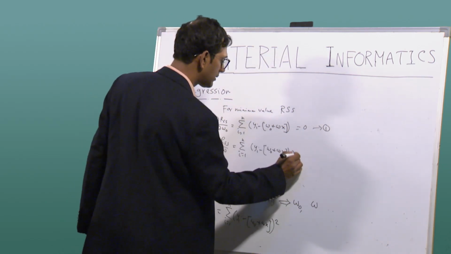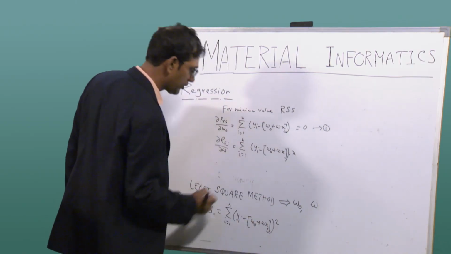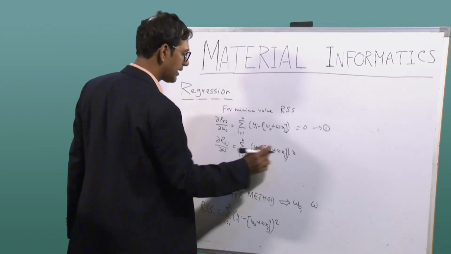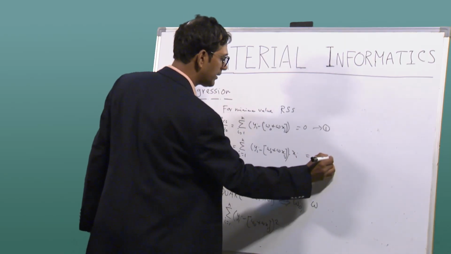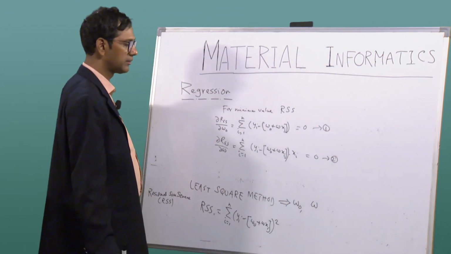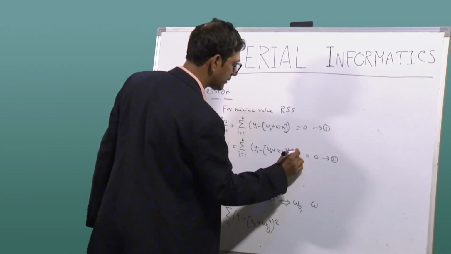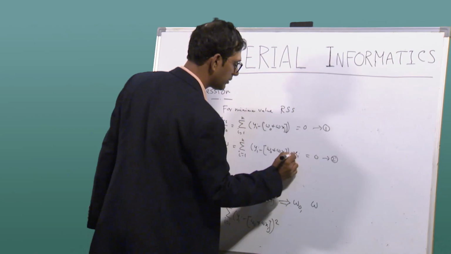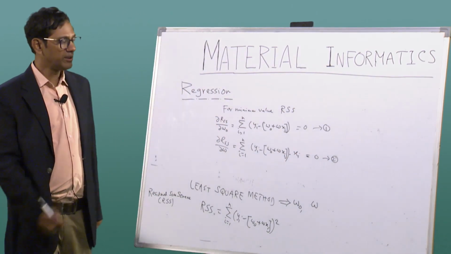Into x, you will get xi, sorry, I am making a mistake. This will be xi, because yi is there, means xi will be there. This is my second equation. Yes, it will be xi, because W is there now, this is correct. So, I get two equations.